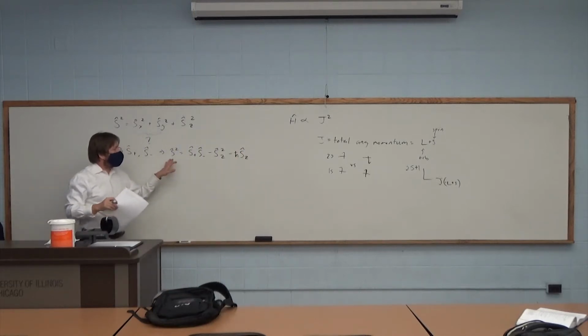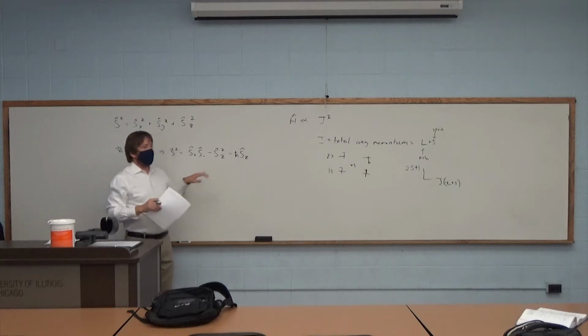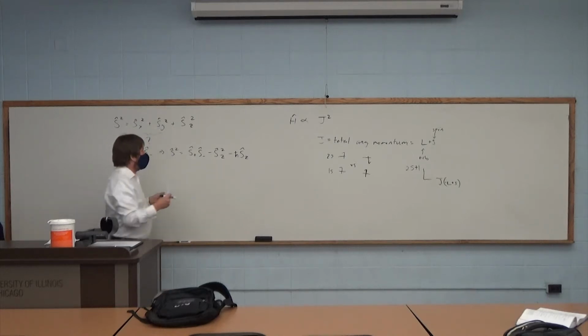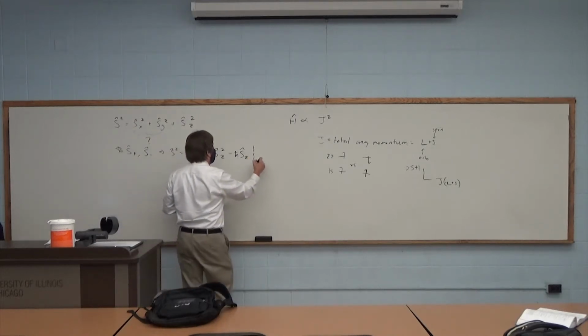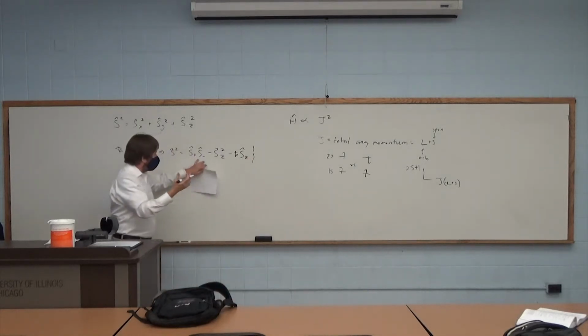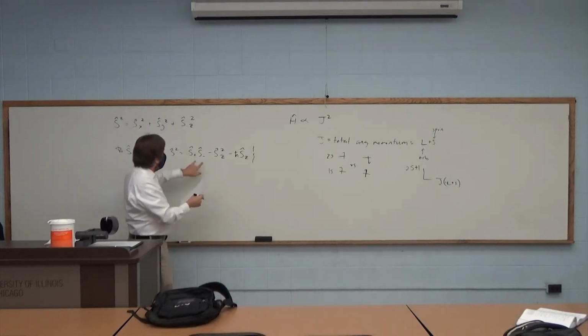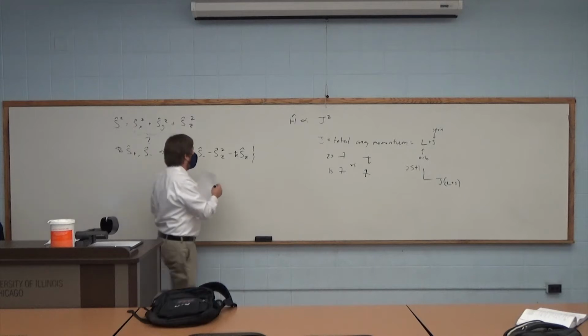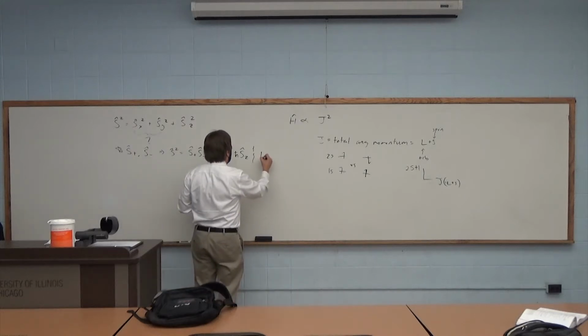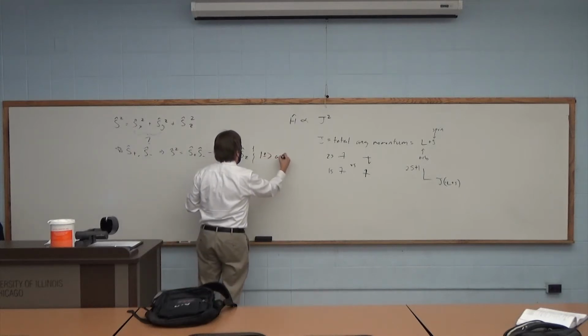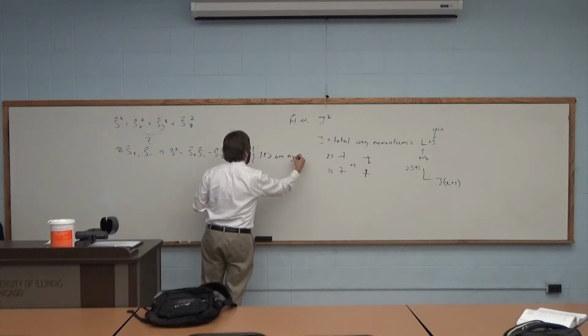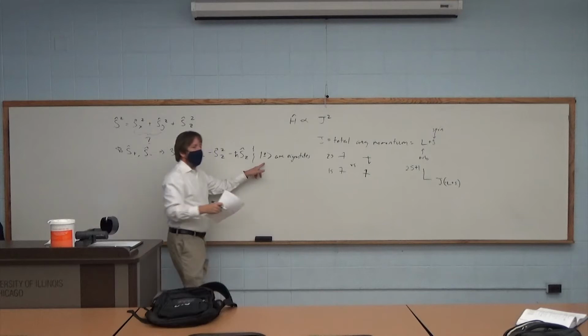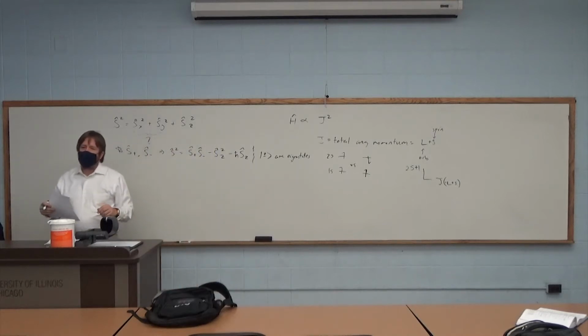We can now get the total spin using just Sz, which is great, plus S plus and S minus, where our X and Y's are hidden in here. The good news is that S plus and S minus are eigenstates.